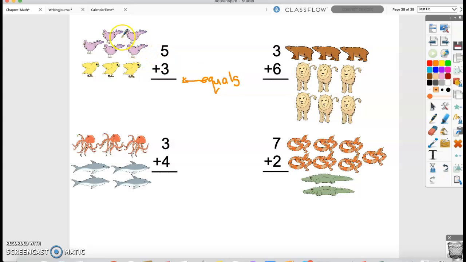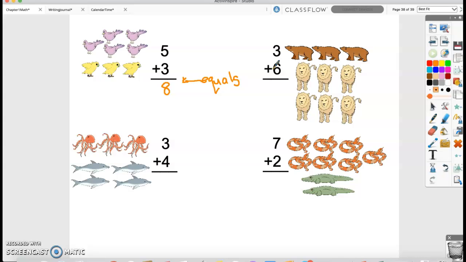All right, so 5, I have 1, 2, 3, 4, 5. Now let's add on. 6, 7, 8. So 5 plus 3 is 8.